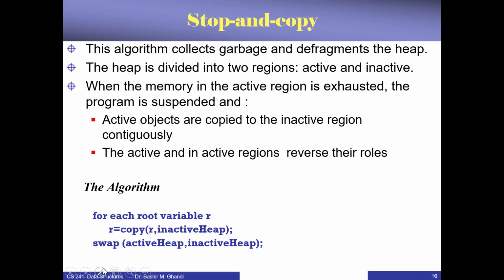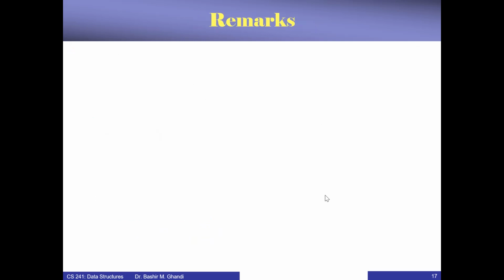This is the algorithm. Say for each variable R, copy the object referenced by R to inactive, and after copying all of them, swap the roles of inactive and active. Active becomes inactive, inactive becomes active, and allocation continues from the new active region. This is the stop and copy garbage collection method.